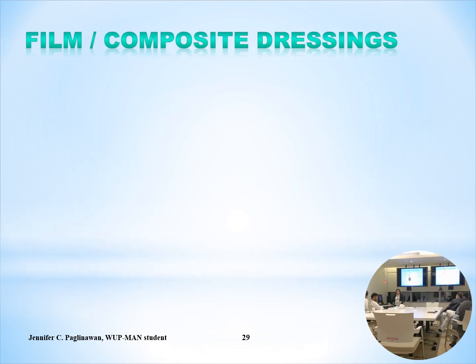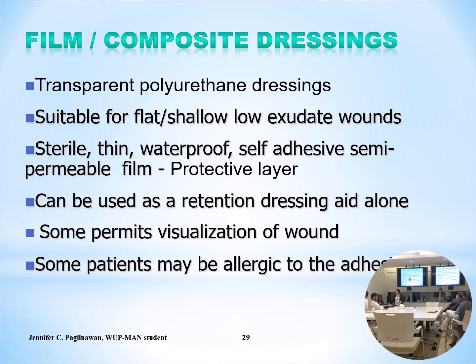Film or composite dressing. Transparent polyurethane dressing suitable for flat or shallow, low exudate wounds. Sterile, thin, waterproof, self-adhesive, semi-permeable film protective layer. It can be used as a retention dressing or alone. It permits visualization of the wound.